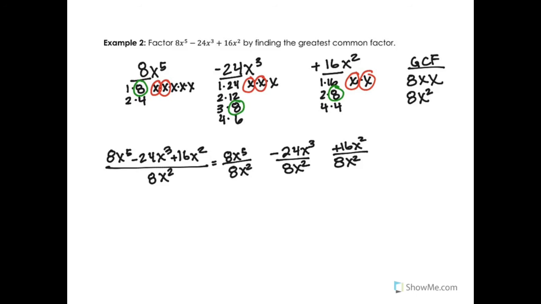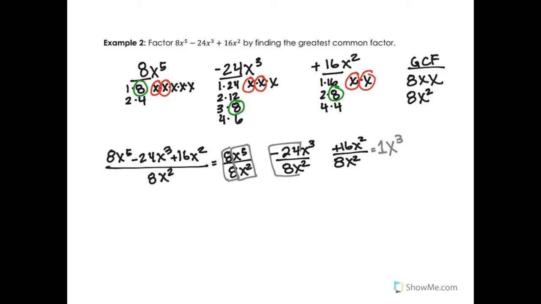So now let's divide out these numbers. I have 8 divided by 8, which gives me a positive 1. And then I have x to the 5th divided by x to the 2nd. Again, I keep my variable and I subtract the top exponent minus the bottom, so that's x to the 3rd power.